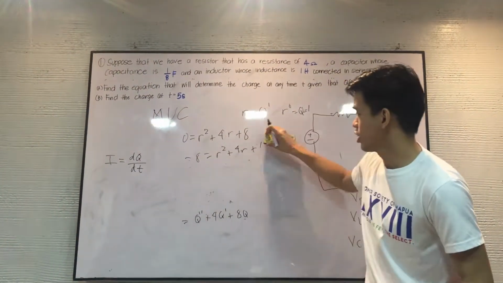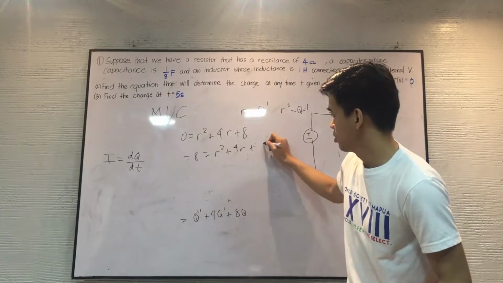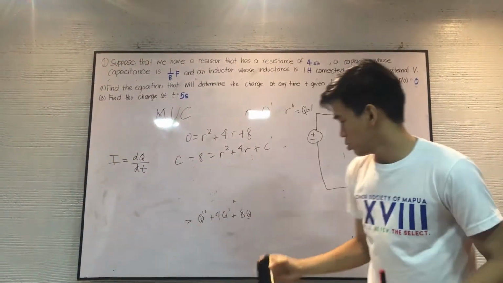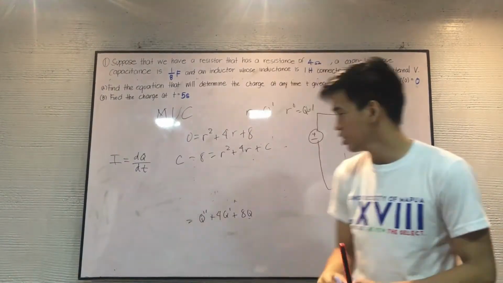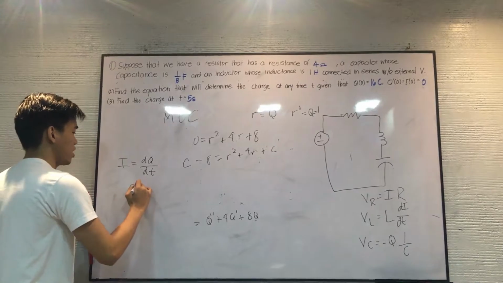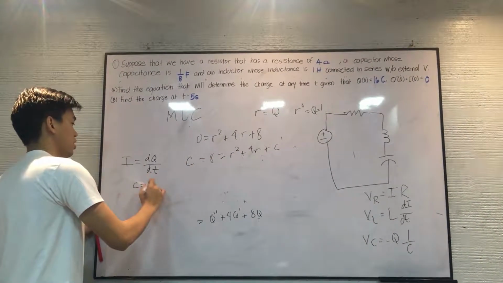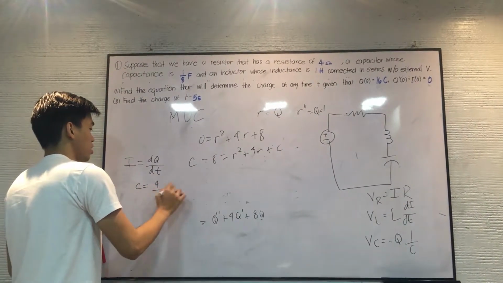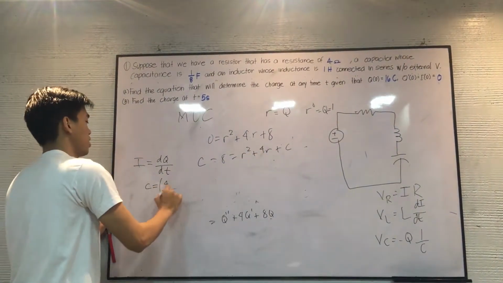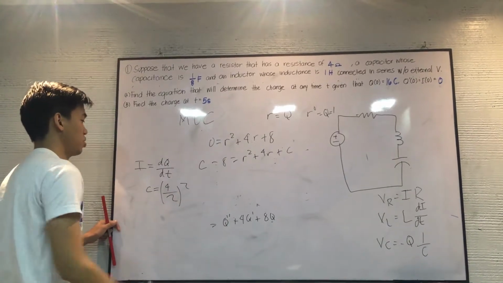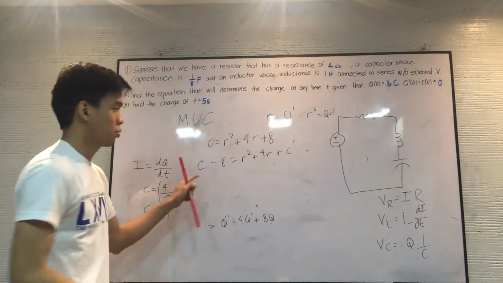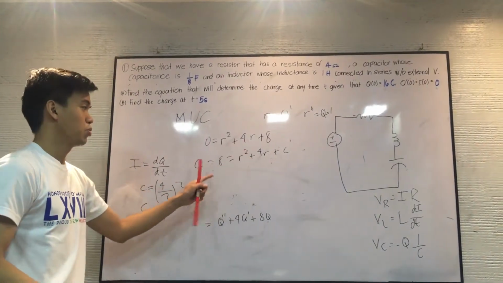By adding a constant c here, we add the same c on the other side. c can be determined by making this coefficient into half and squaring it, which becomes 4. Therefore, we're going to add 4 to each side.